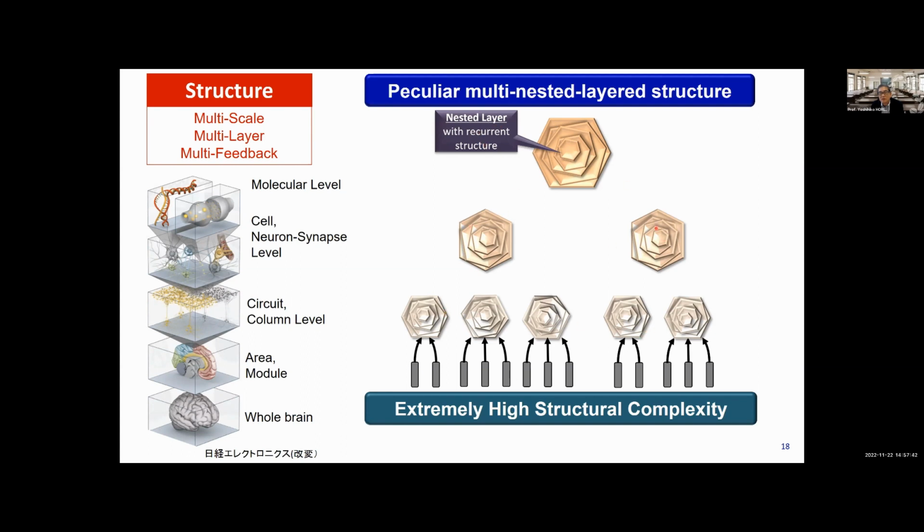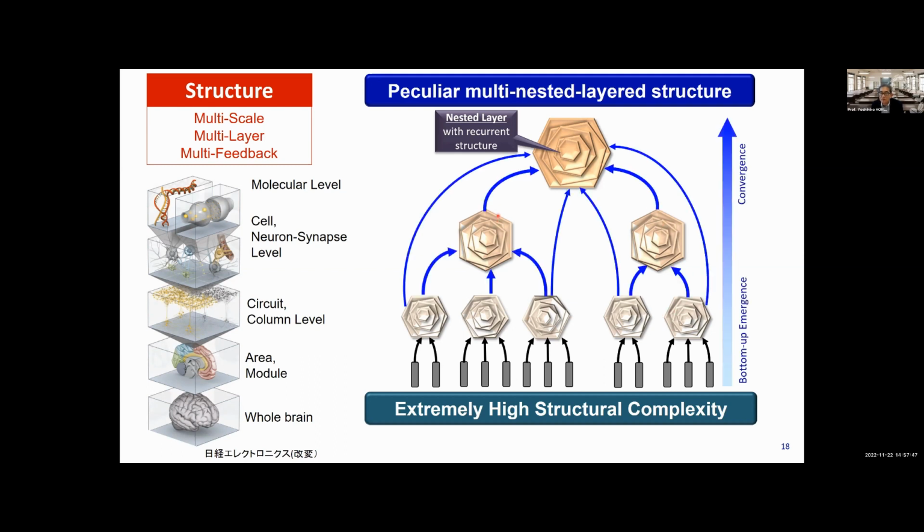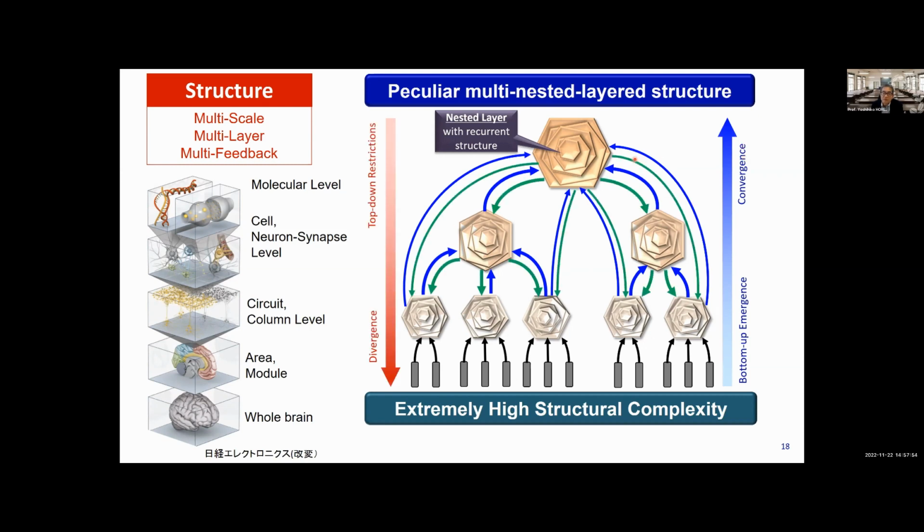Those nested layers, several layers, are actually connected from the bottom with the convergent connections, and also connected from the top with the divergent connections, bidirectional. And also, there are several lateral connections. So this gives a very complex structure complexity. So we call this a layer of nested layers.